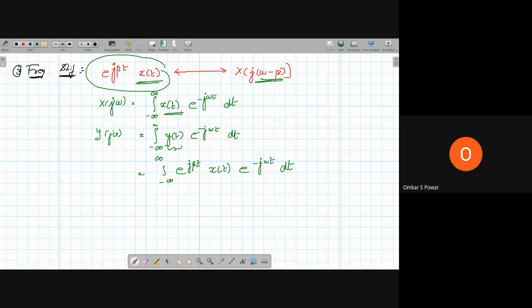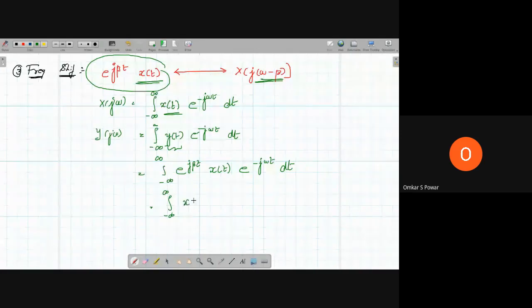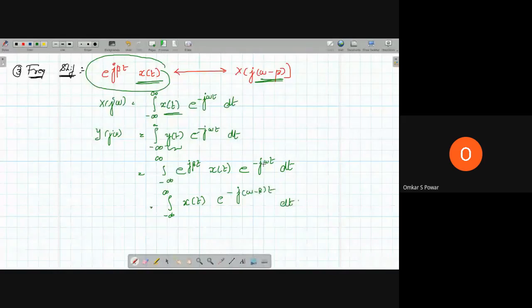Then you have to get your RHS equation by solving this one. So let us solve this one. Integral from minus infinity to infinity, let me write x of t here and e power minus j, and you observe here it will be omega minus beta into t dt. Because I have taken minus j outside, it will be omega minus beta.